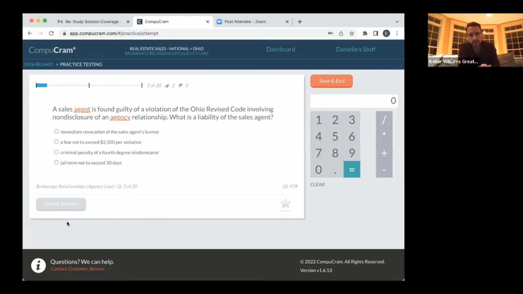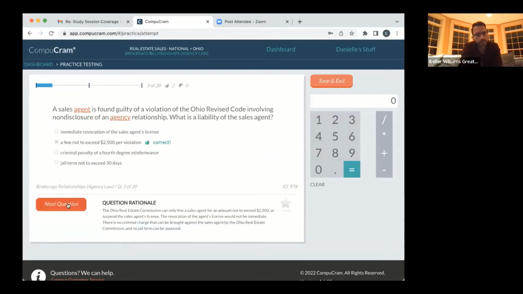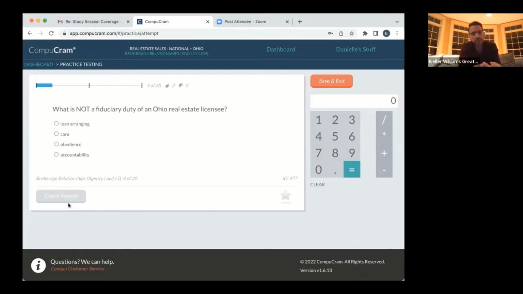C, criminal penalty of a 4th degree misdemeanor. Or D, jail term not to exceed 30 days. B is correct. What is not a fiduciary duty of an Ohio real estate licensee? A, loan arranging; B, care; C, obedience; or D, accountability.